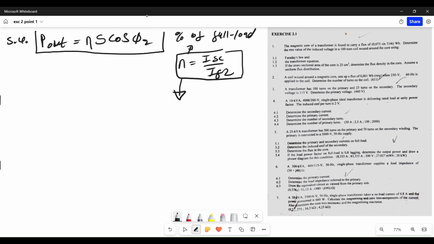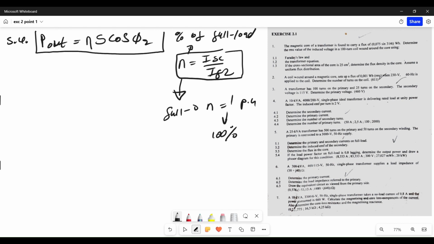For example, if the current flowing in the transformer is the total rated current of the windings, meaning it's full load, then n is equal to 1 per unit, which is 100%. So the total current is flowing.